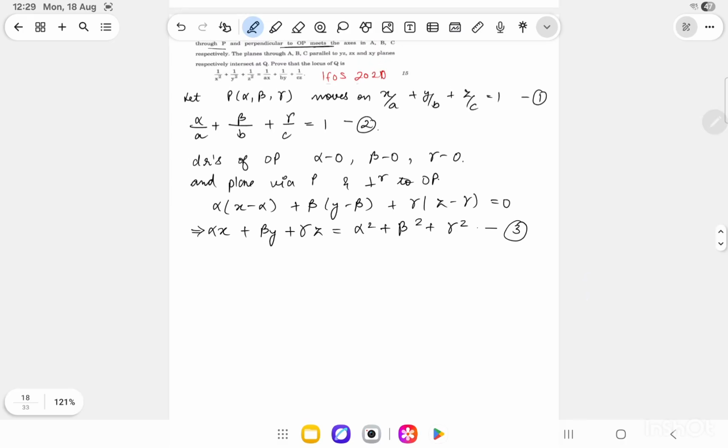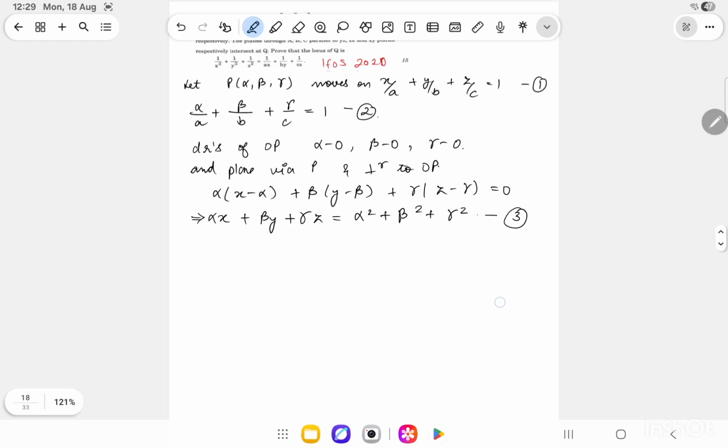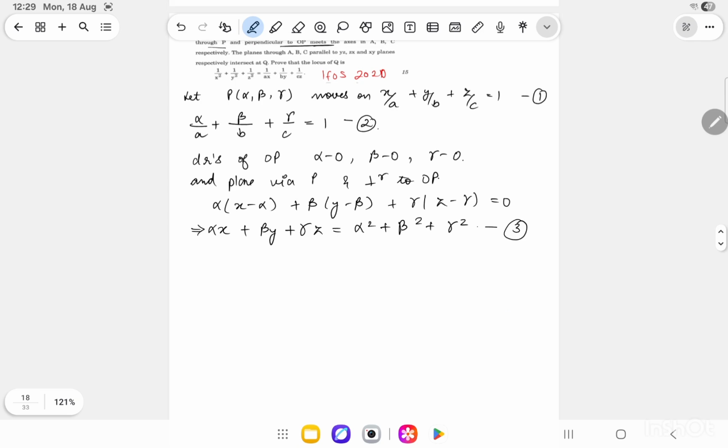Now in the question, they further say that the plane through P and perpendicular to OP meets the axes in A, B and C. So this plane, which is perpendicular to OP and passing via P, meets the axes at A, B and C. So we can calculate the coordinates of A, B and C. At A, it meets the x-axis, so y and z will be 0.